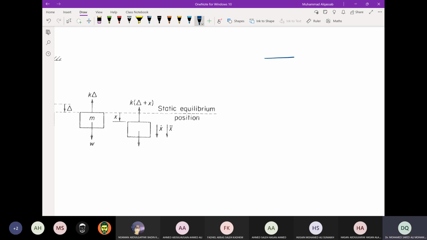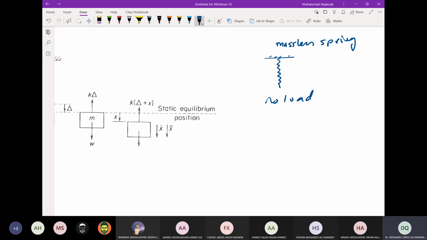This is the spring when it is supported from one point and hangs, massless, with no load on it.